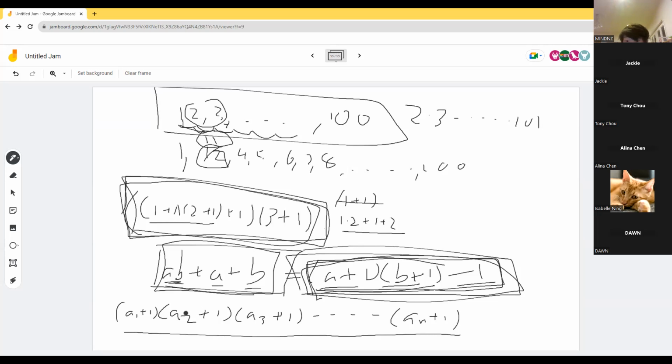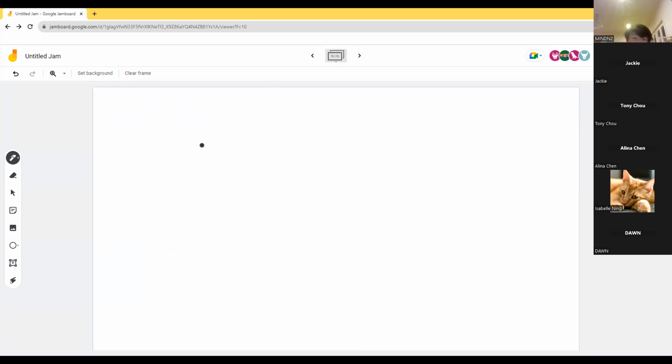And every time we make a move, this quantity is invariant, right? Because we go from a1 plus 1 times a2 plus 1 to a1 plus 1 times a2 plus 1 minus 1, and then plus 1. So it's still a plus 1 times b plus 1. It's invariant.